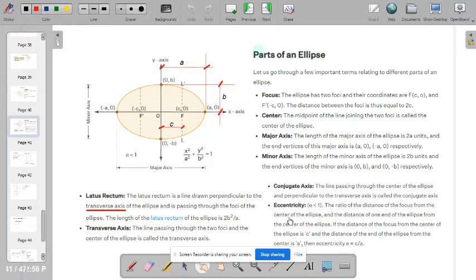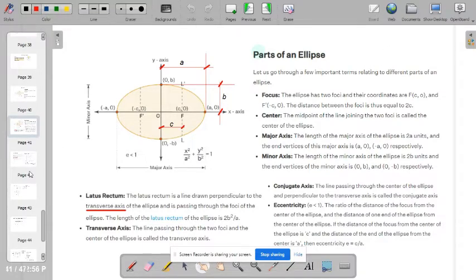While the eccentricity is the quotient or the ratio of c to the major segment of the major axis. So e is equal to c over a, and it has to be less than 1.